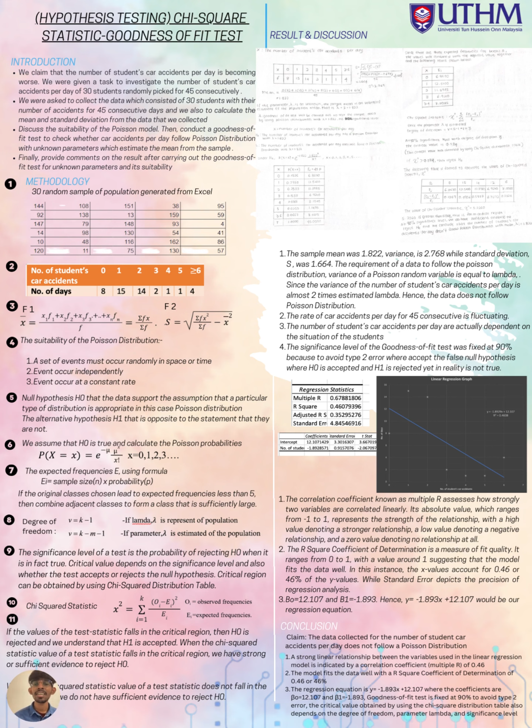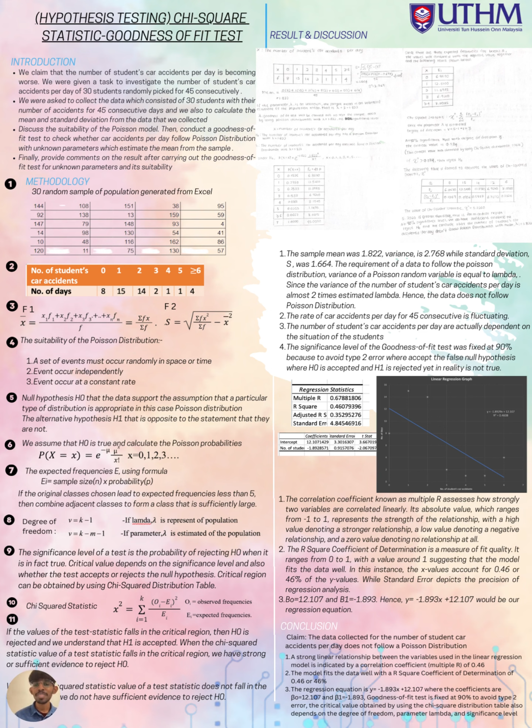On the other hand, from our observation, the number of students' car accidents per day actually depends on the situation of the students. But to assume that the data follows the Poisson distribution, the events must be independent of each other. However, in this case, there are many factors that increase the likelihood of an accident occurring.